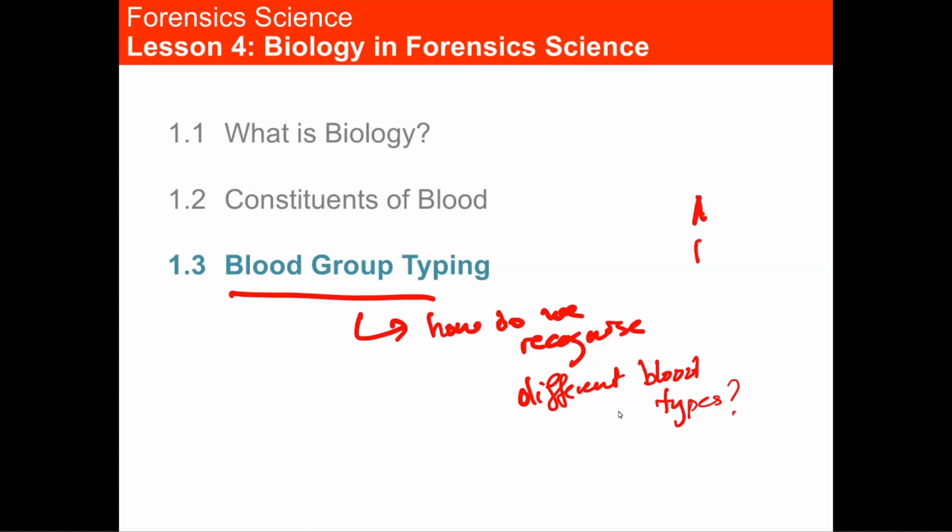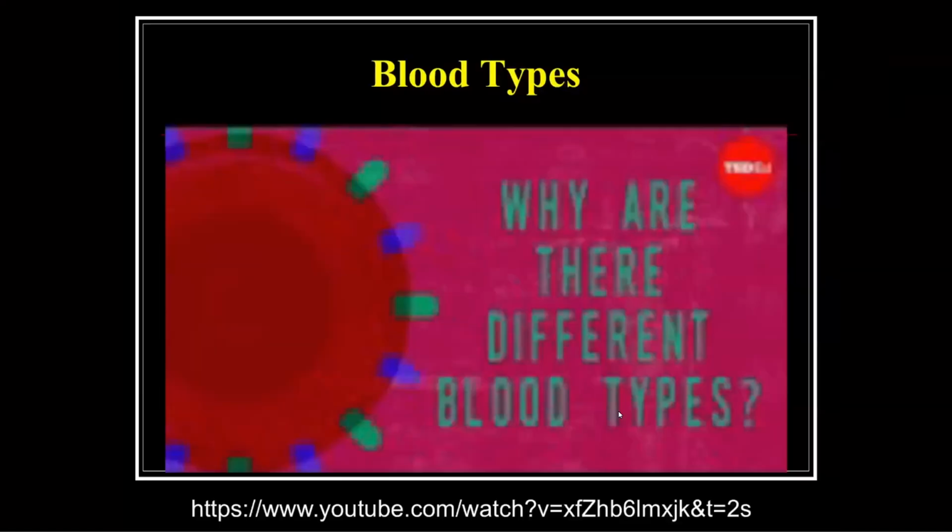So we have your A, B, AB, and O blood groups. These are the four blood types that we have. So blood group typing is basically how we recognize these four blood types, and what is the use of being able to recognize these different blood groups.